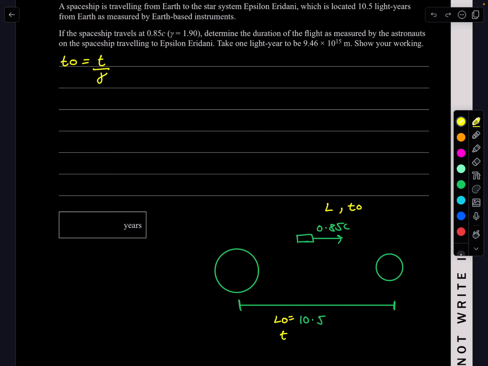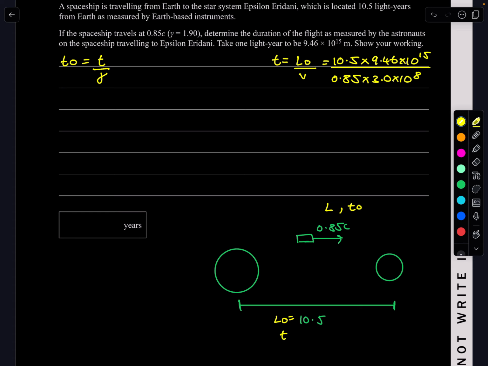So the dilated time is your distance, which is your L naught in this case, over your velocity. That's 10.5 times 9.46 times 10 to the power of 15, all divided by your velocity, which is 0.85 times c, where c is 3.0 times 10 to the power of 8.